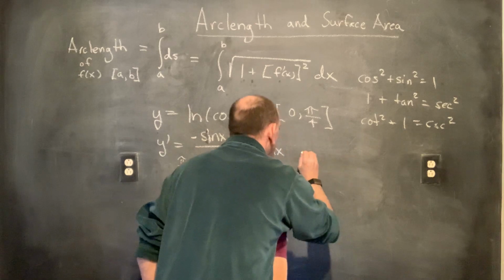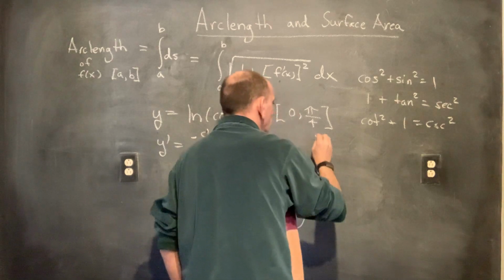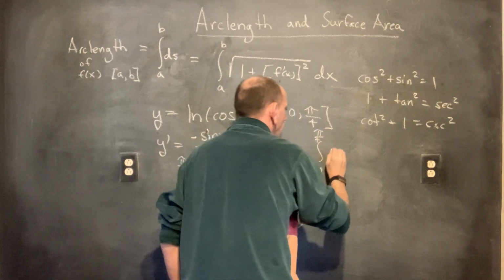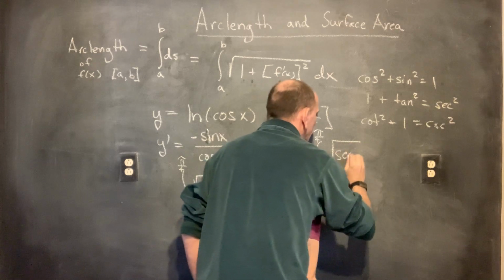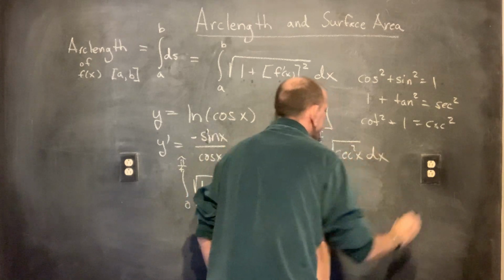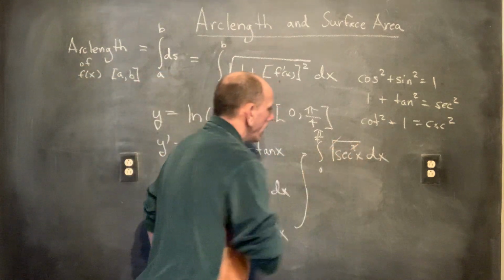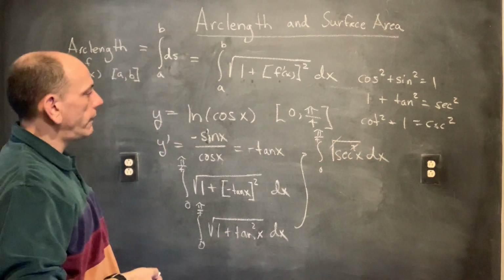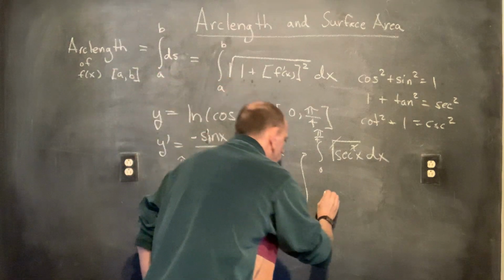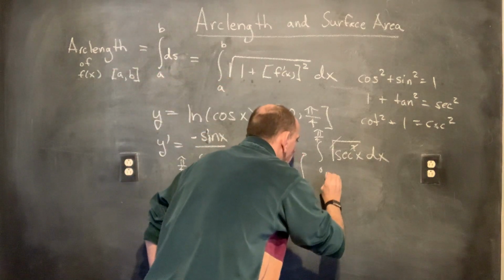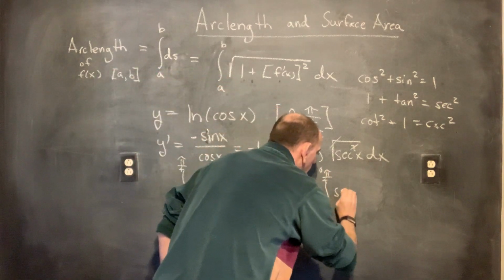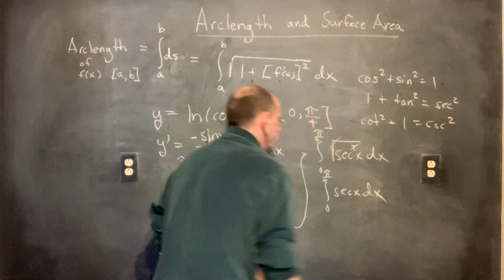So the integral from 0 to pi over 4 of the square root of the secant squared dx. And now I'm happy because I have this square root of something squared. Get rid of that root, and I just have the integral from 0 to pi over 4 of the secant of x dx.